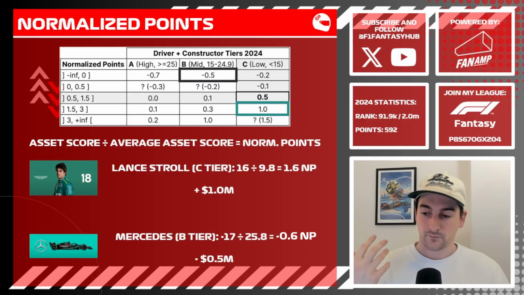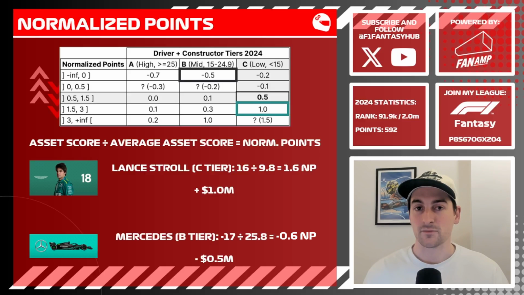I've got a couple of examples on the screen here, but before we get into how that is calculated, essentially the equation for calculating normalized points is what the asset scores in that week divided by the average asset score.